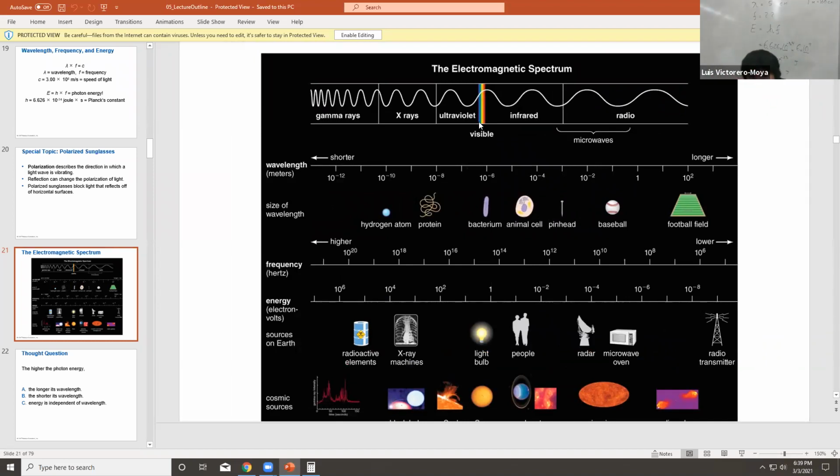And as you can see, we have a whole bunch of radiation that we cannot observe here on Earth because the atmosphere of the Earth is opaque to that other radiation. What is that? Infrared for its majority, microwave, ultraviolet, most of it, part of it can actually be observed, but only by certain animals. X-rays and gamma rays.